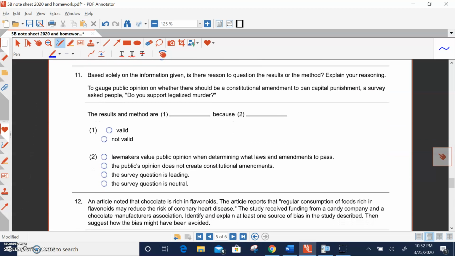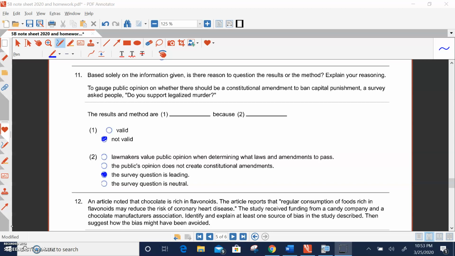All right, here's 11. Pause, work it, and then come back. This one's interesting. So, is it valid, not valid? If it's not valid, why? Let's see. I say it's not valid. The question is to gauge public opinion on whether there should be a constitutional amendment to ban capital punishment.